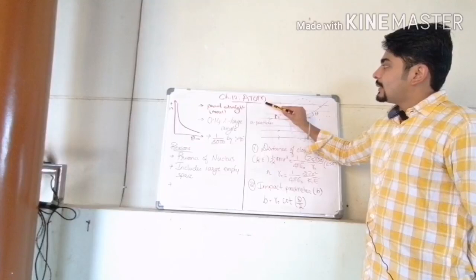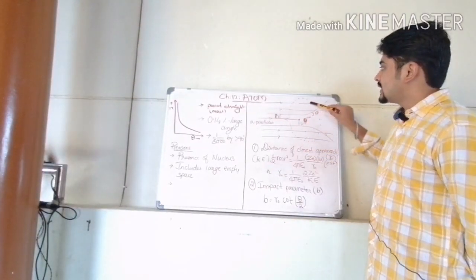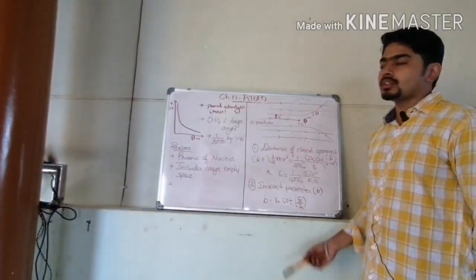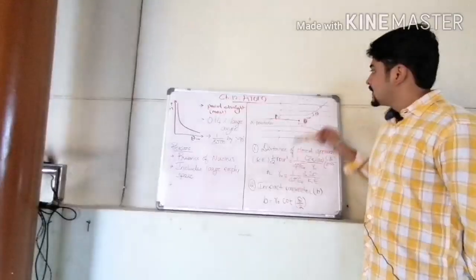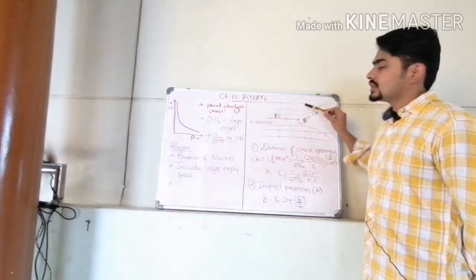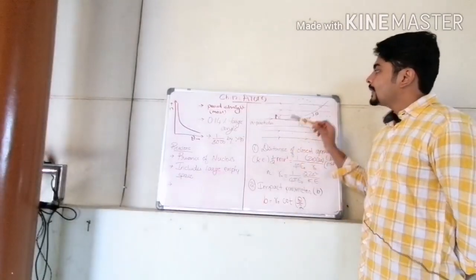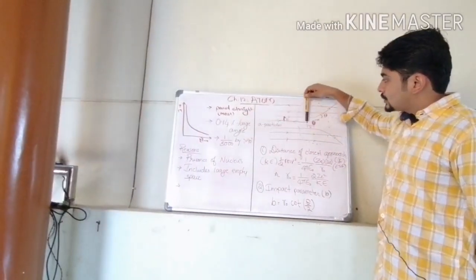The one alpha particle which is totally away from the nucleus, what happens? It directly passes because of the empty space here. If there is an electron in the path of the alpha particle, it just gets deviated because of the interaction between positive and negative. If it comes nearer to the nucleus, what happens?